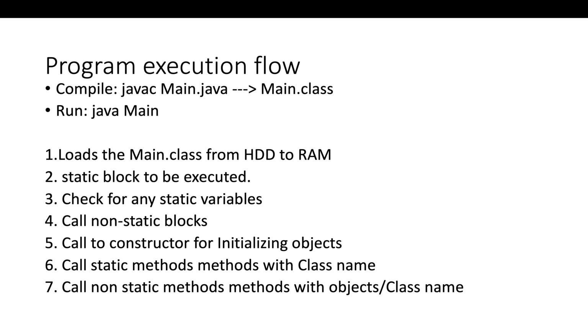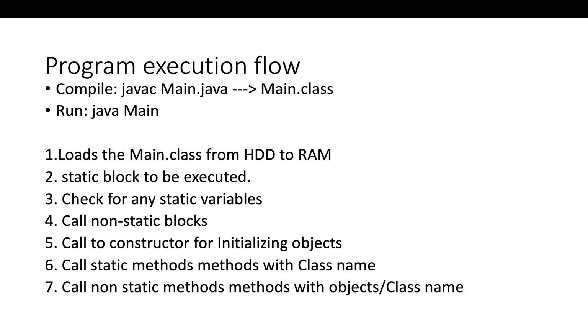So the static block will be executed when the .class file is loaded to the RAM, because that is the first thing we should check: whether we have a static block, and execute that first. The next thing is to check for static variables.